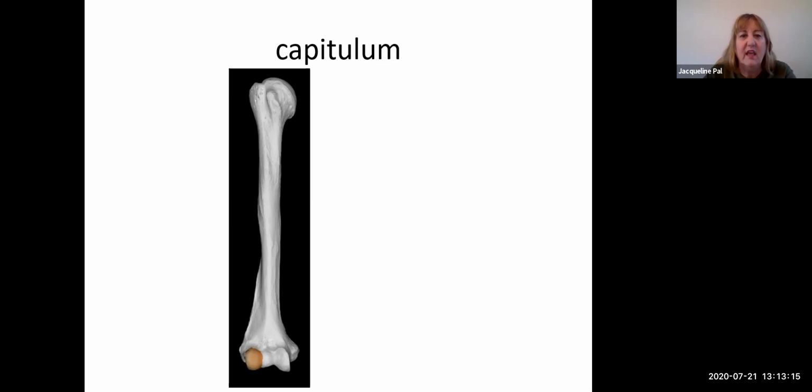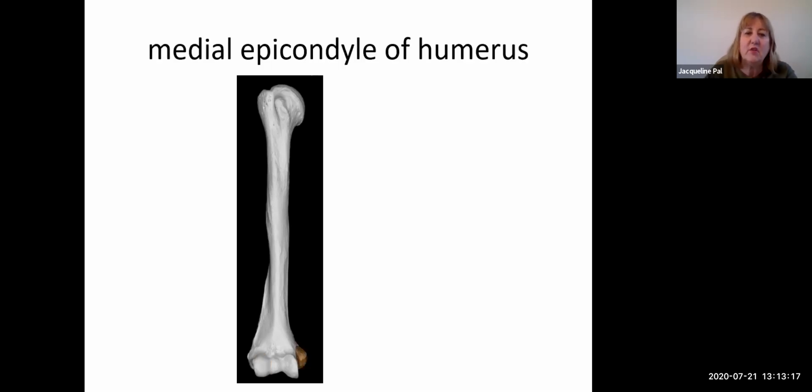Continuing on, if these are their condyles, then bumps on the condyles would be called epicondyles. If you look at the trochlea, you notice there is a big bump on it, and that is the medial epicondyle of the humerus. Now you need to write "of the humerus" because it's not the only bone that's going to have a medial epicondyle. For quizzes and tests, I'll usually write name the landmark and the bone, just to remind you.